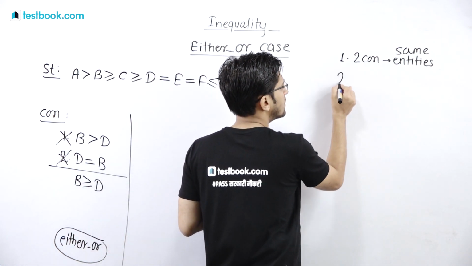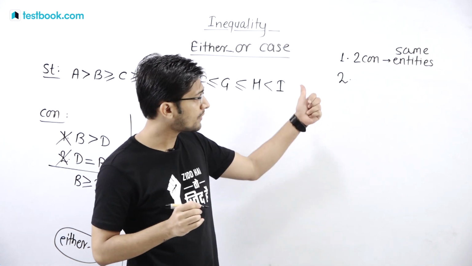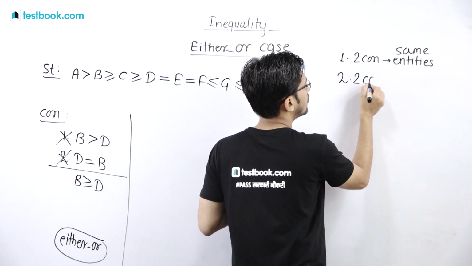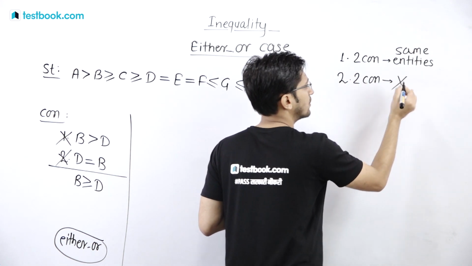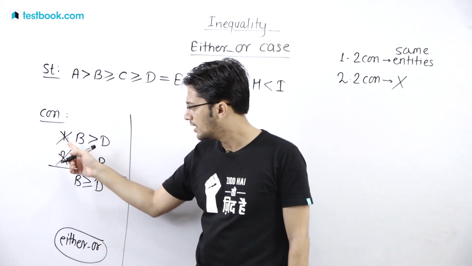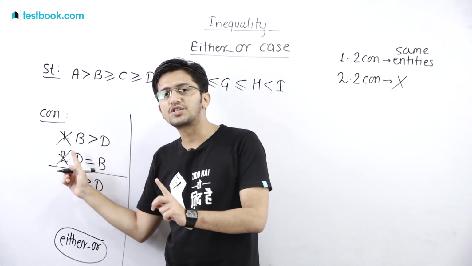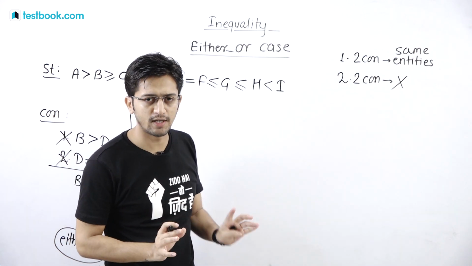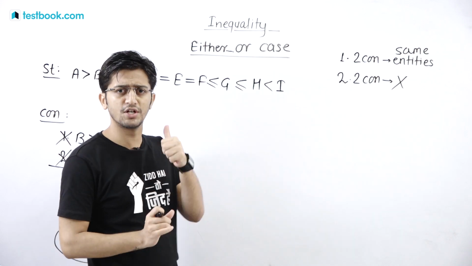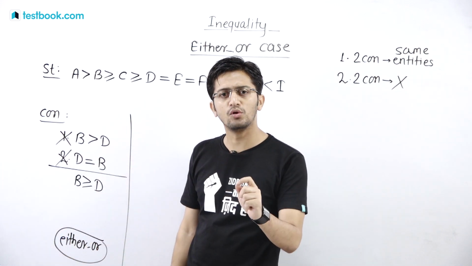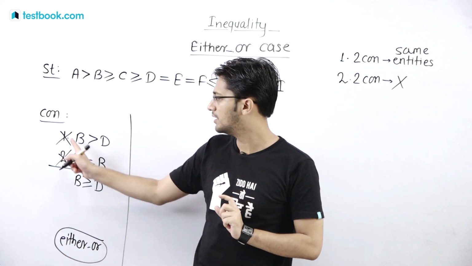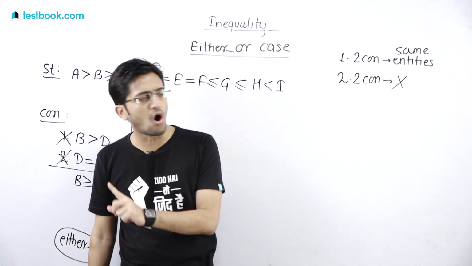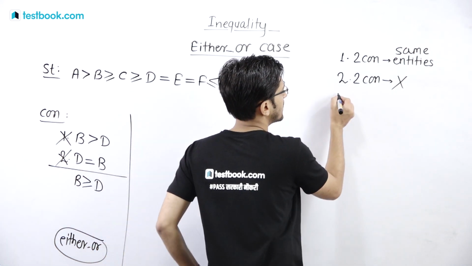The second condition for either or is that both conclusions must be wrong. Here the first conclusion is wrong and the second one is also wrong, so the second condition is also satisfied.